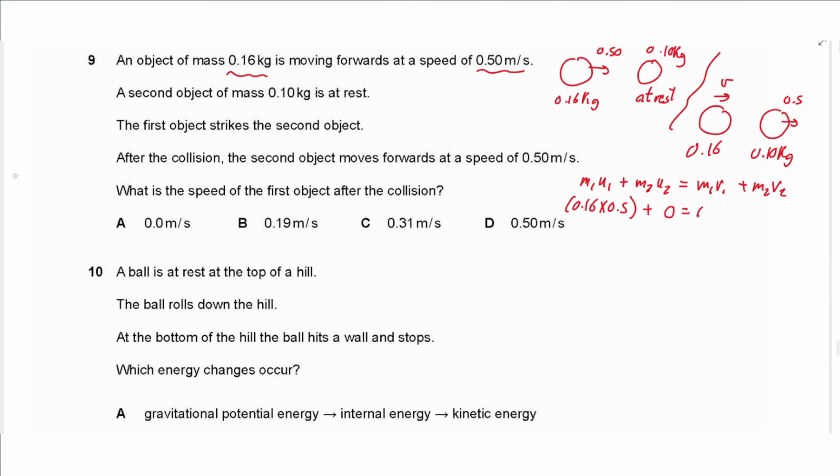After the collision, we have 0.16 multiplied by v1, which is unknown, plus the momentum of the second object, 0.10 multiplied by 0.5. So first we subtract this bracket here, 0.10 times 0.5, and then we divide by 0.16. That gives a value of 0.1875, which we can approximate to 0.19. So the answer is B.